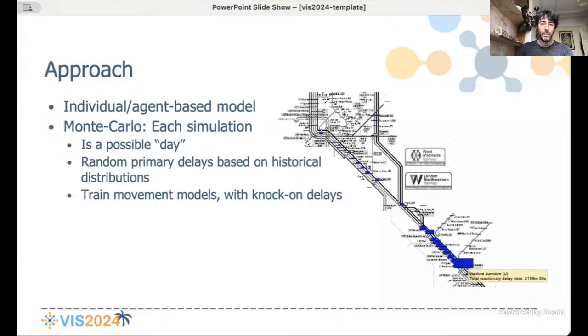It's a Monte Carlo simulation, so we run the model multiple times, each of which generates a kind of alternative day. In each day, we insert random primary delays, which are based on historical distributions, and then we get a distribution of alternative days. In this graphic here, we have a primary delay here in the model, and this is showing knock-on delays up the network.